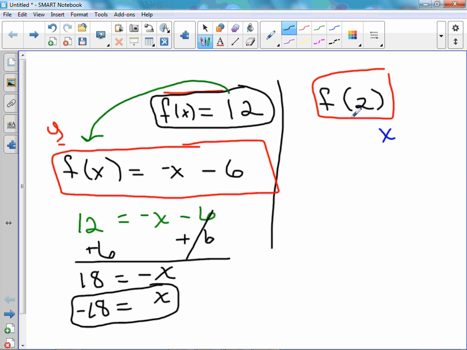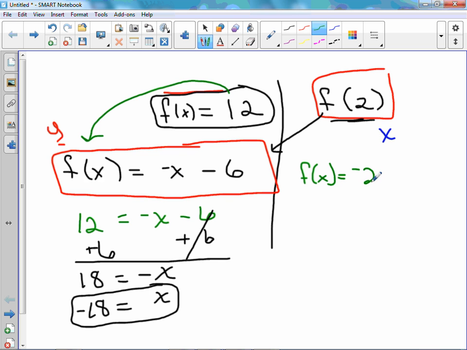Now that's different from this problem. If this was f of 2, and you still had to evaluate it for the same question, I'm going to just substitute in the 2 for x. So I'm going to write down f of x equals, and the negative is already in the problem, but the x is 2.